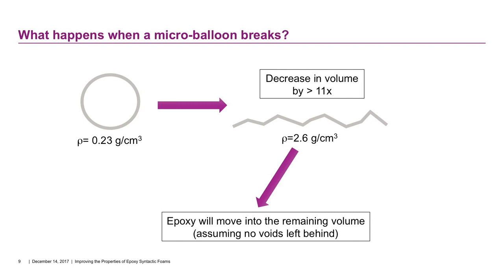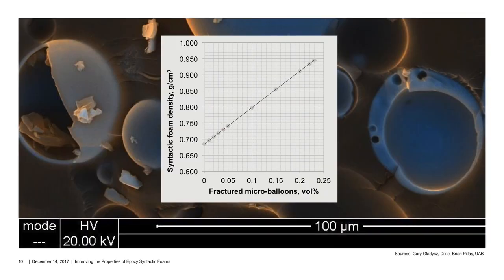And assuming that there are no voids, you have a much denser material because of the amount of binder in a given volume. So this clearly explains what we've seen in the previous slides, and it also brings into question, if we have experienced microballoon failure, how much better could those other properties have been, specifically glass transition and compressive strength? Here are some additional data to support the same type of behavior which we suspect.